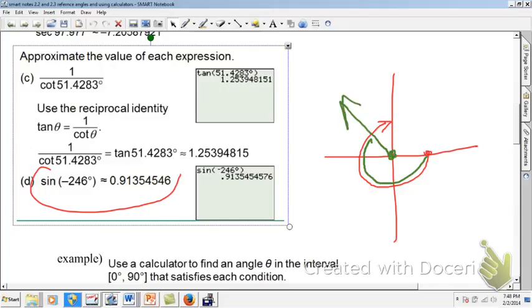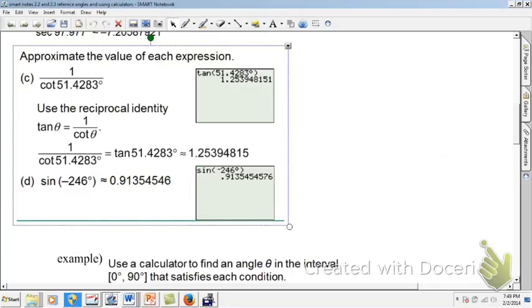So that negative 246 degree rotation, just think about it. I'm going to land in quadrant 2. So think about sine. Always be thinking about the signs. So sine, is it positive in that quadrant? Sure it is. So that's why that's coming to be positive. So in other words, we don't always want to just believe whatever the calculator says. We should always think about drawing it as well.